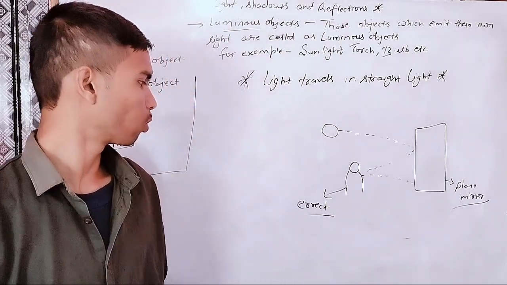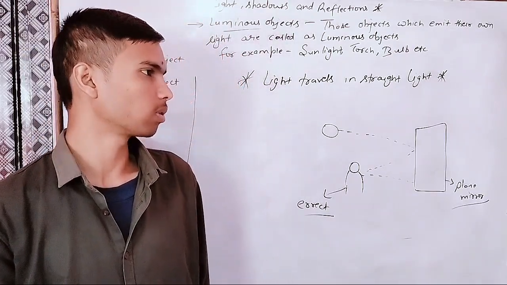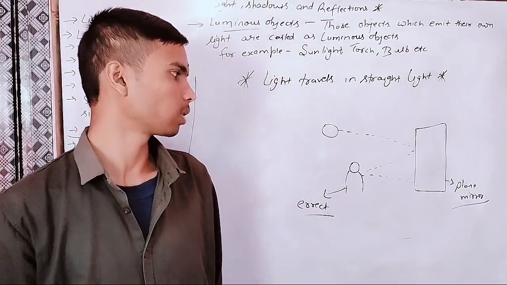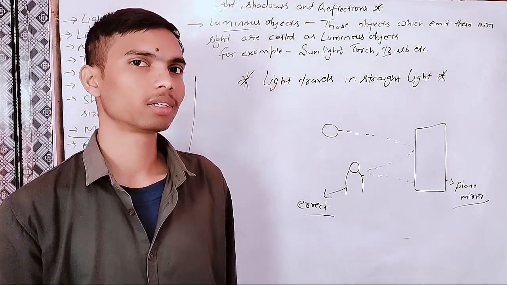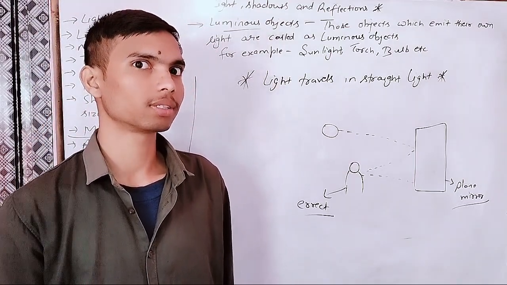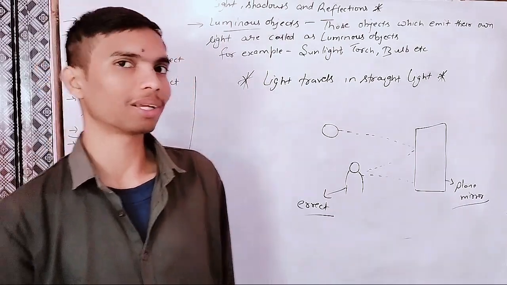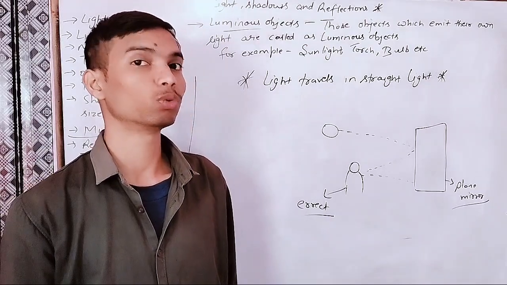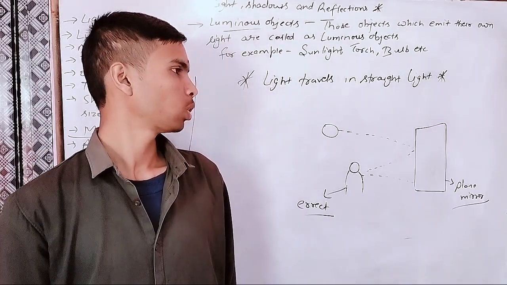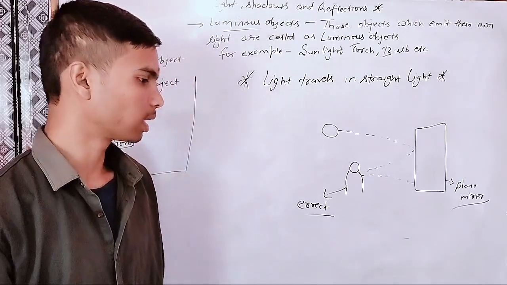So whenever you see the word erect in your physics study, you can understand that erect means straight. So your image inside the mirror would be erect, which means your image is straight.